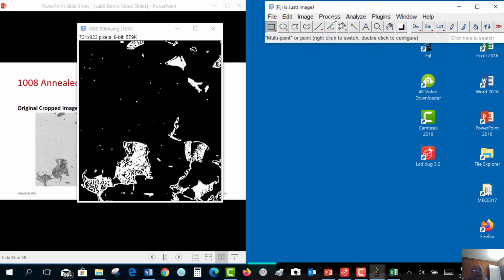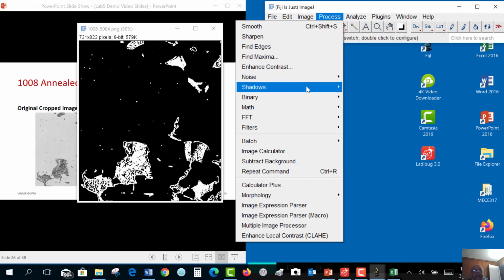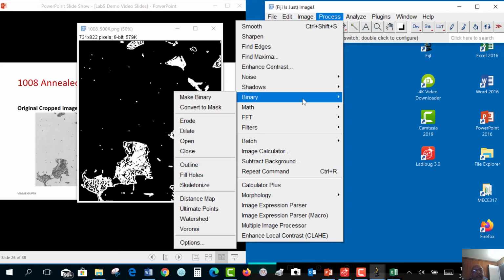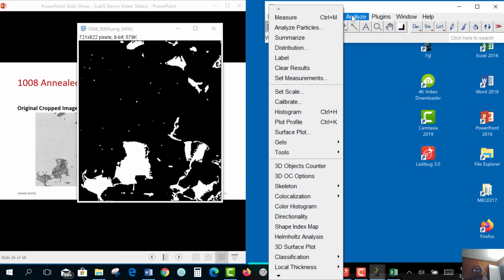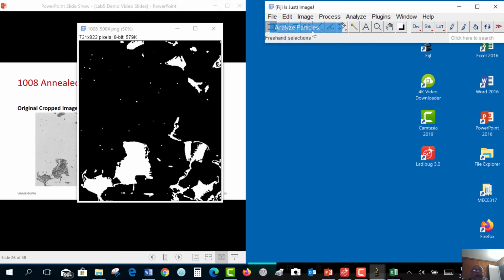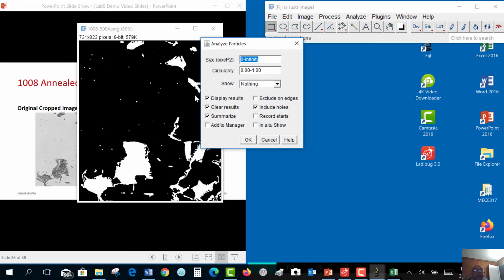So we are going to go ahead and process this binary image, and we are going to fill all the holes because this was all perlite. And then we are going to go ahead and analyze particles. So of course, all of these small particles are dust particles. They are not perlite.